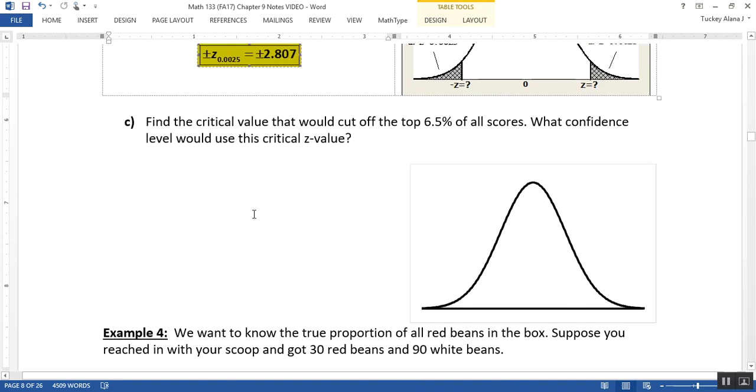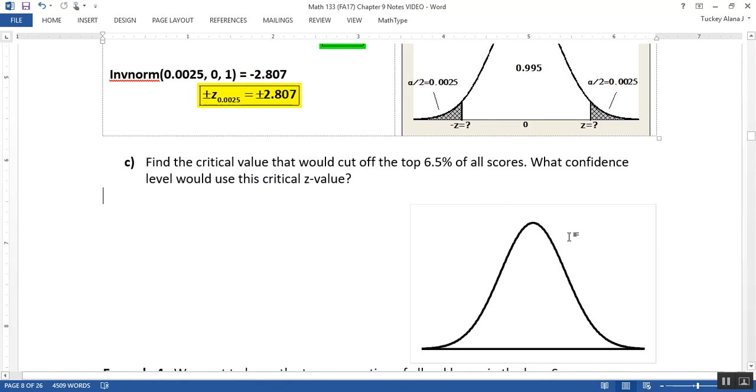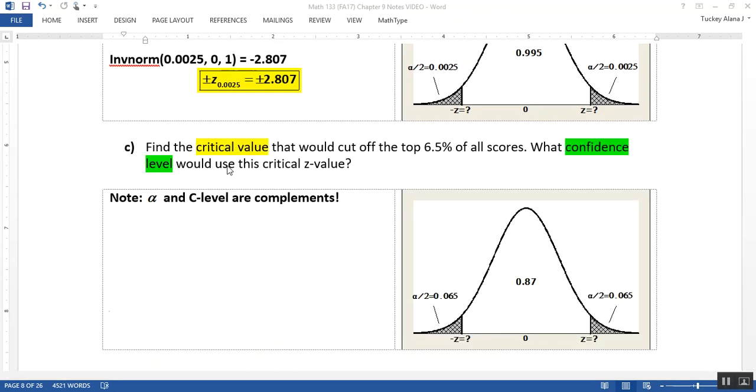All right, last but not least, let's find the critical value that would cut off the top 6.5% of all scores. So this is a little bit of a trickier question.